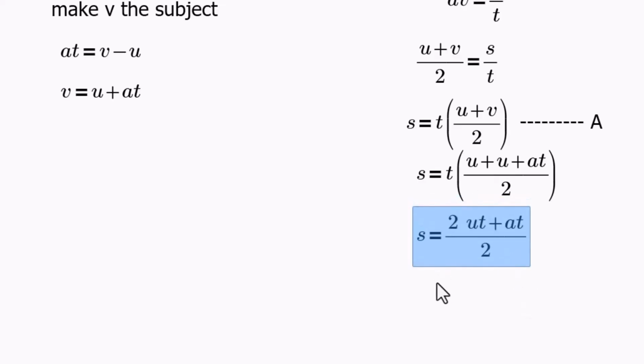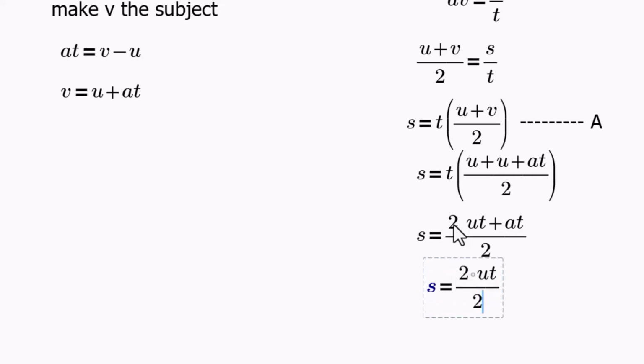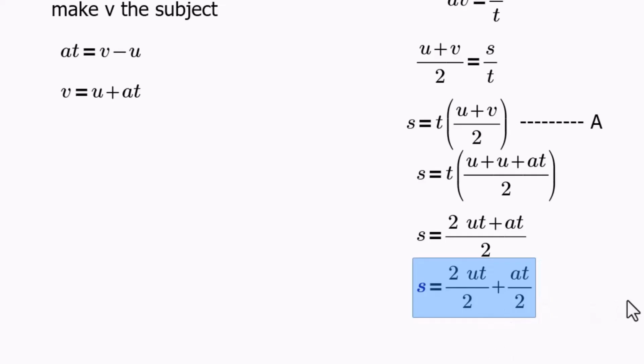Now, to split it out finally, I'll have S equals, this 2 will divide, something like this, 2UT over 2, then plus AT over 2. So we can split them out like this.